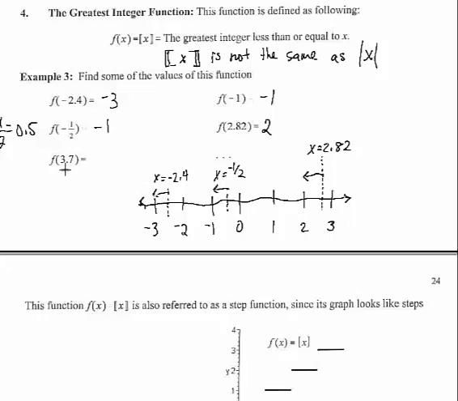F of 3.7. I'll extend my number line to include 4. And here is about where x equals 3.7 would land. If we look to the left, the first integer that we see is a 3.